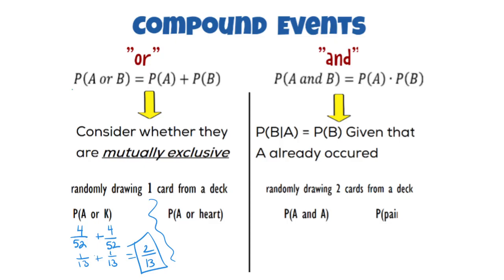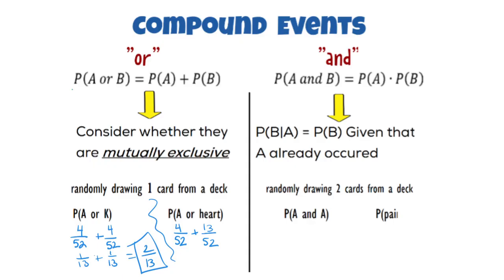So what that means is I can do the 4 over 52, the 4 aces, and then the hearts. There's 52 cards total divided by hearts, clubs, spades, and diamonds. So there's 4 suits. If you divide 52 by 4, you get 13. So there are 13 hearts out of 52 cards.